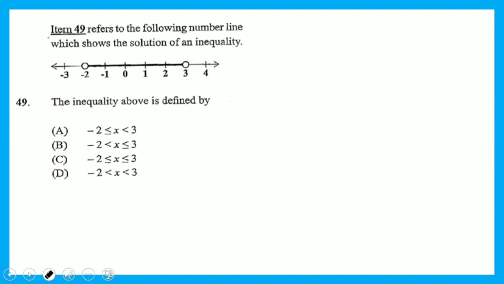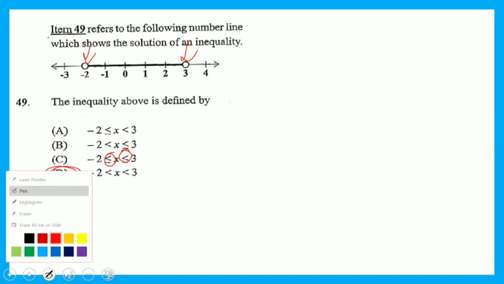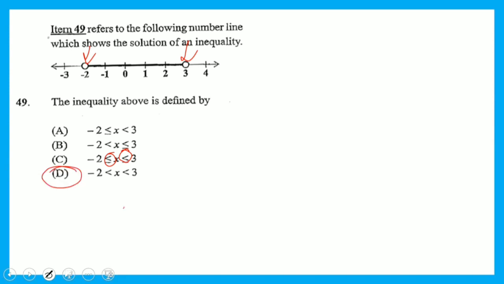Just bear in mind that these circles are open, they're not shaded, which means at no point should we be including signs like is equal to in our answer. Less than or equal to, greater than or equal to, those will not be in our answer. And so the answer is going to be D. X is greater than -2 and less than 3.